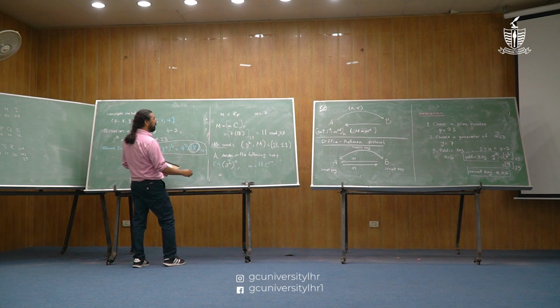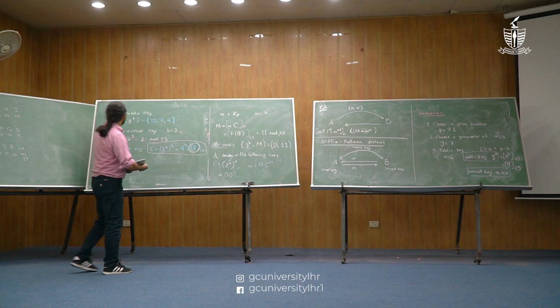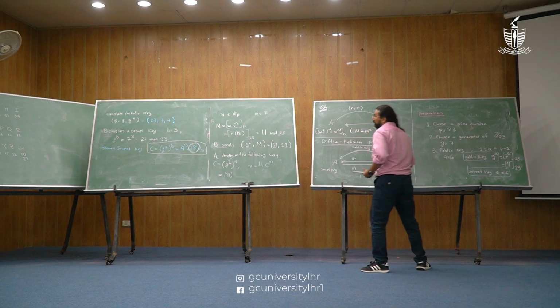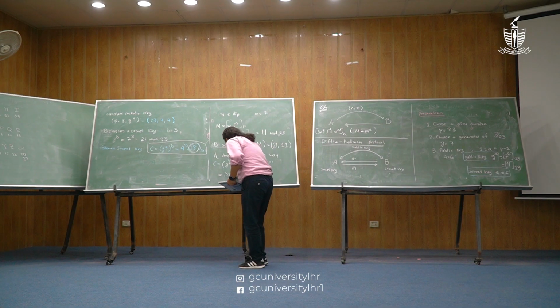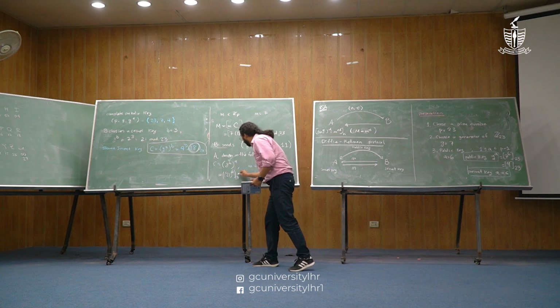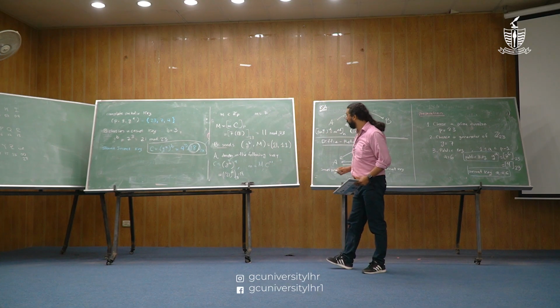What she does is she takes 21. What was A? A was 6. So she takes this to the 6. You have to convince yourselves that this is exactly the same, no? This is 18. Okay?